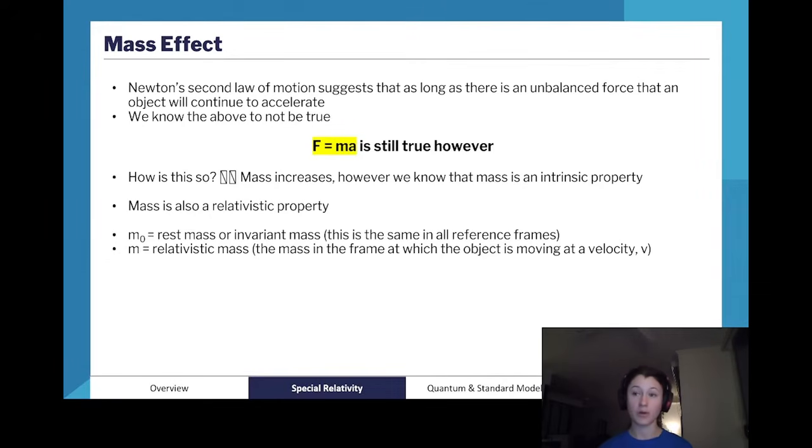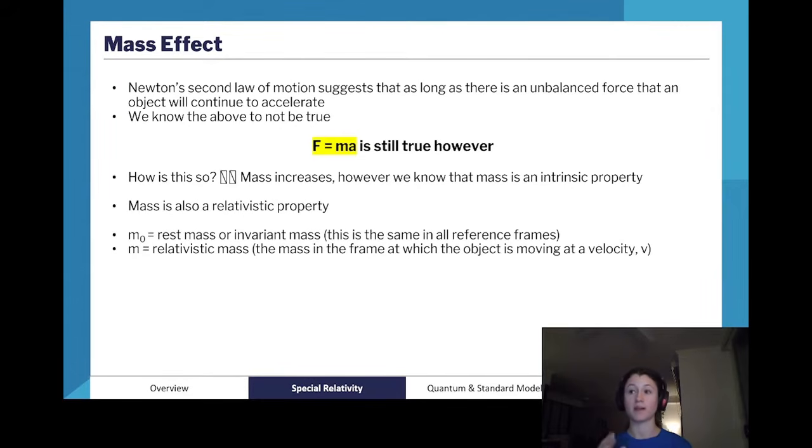And as we're putting force in, what we see is that the mass of the object actually increases, which is kind of crazy, right? So if you're trying to accelerate an object and it's getting close to the speed of light, the energy that you're putting in to accelerate is actually not going towards accelerating it, but towards making its mass bigger, right?